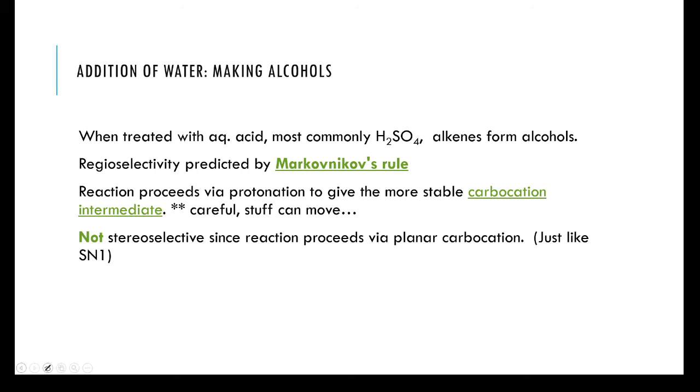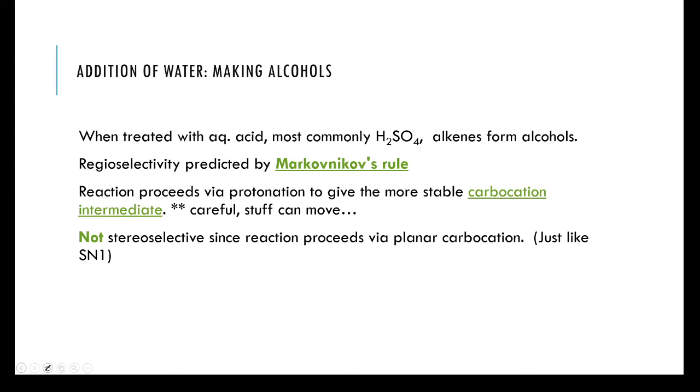Now let's talk about making alcohols. If I take an alkene and add it to an aqueous acid, the acid of choice usually being sulfuric acid, we will make an alcohol.